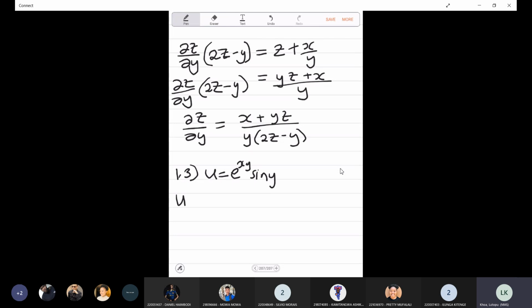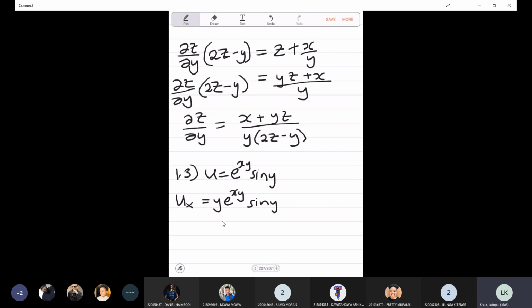So we first find ux, so that means we differentiate first with respect to x. When we're differentiating this with respect to x, this means that sine y is a constant, so it's only this part, e to the power of xy, that we differentiate. So this is y e to the power of xy sine of y.